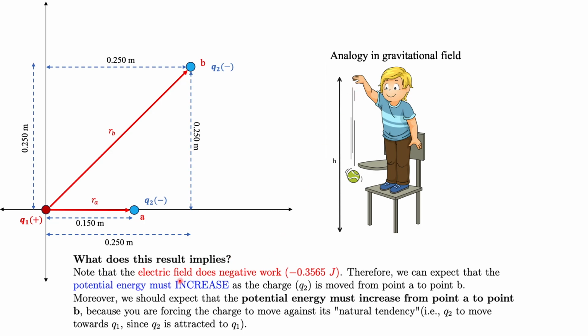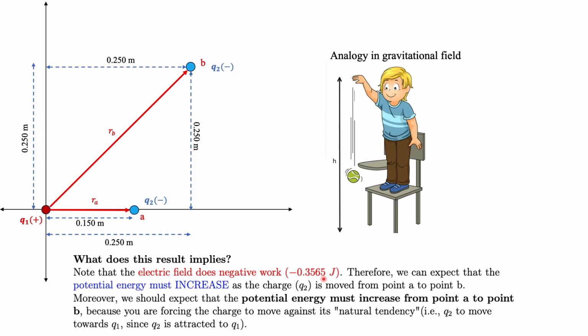So that is why when we think again of the answers that we got, this is actually a correct answer because we're noticing a larger potential at B than the potential at A. And that should be expected because the electric field actually does a negative work.